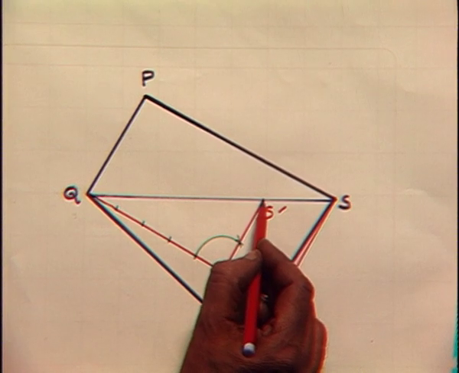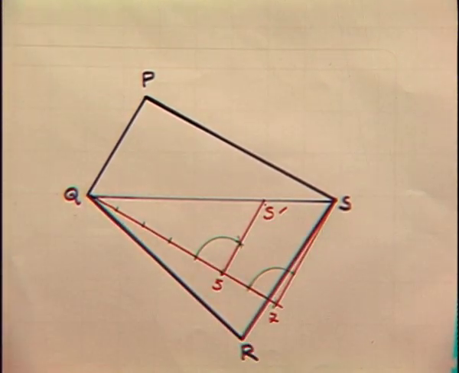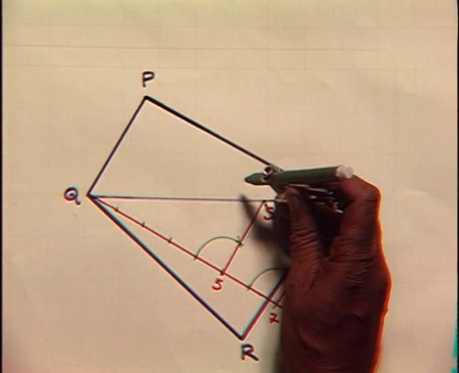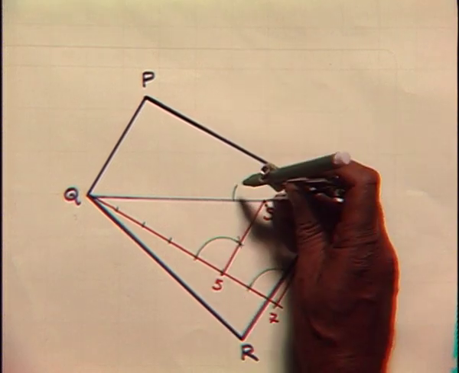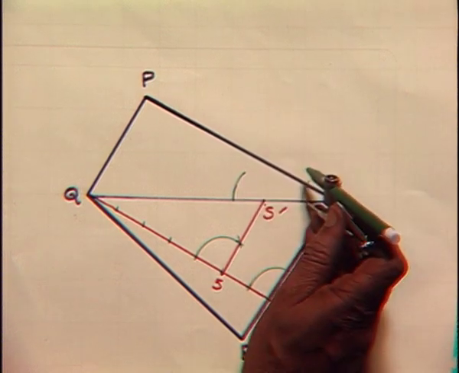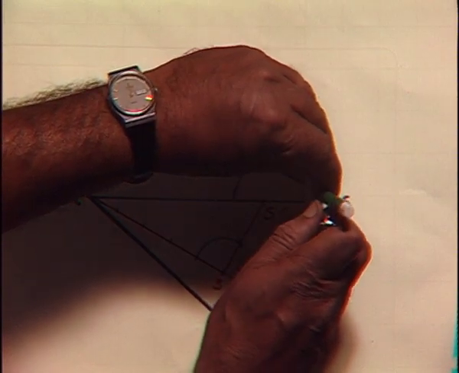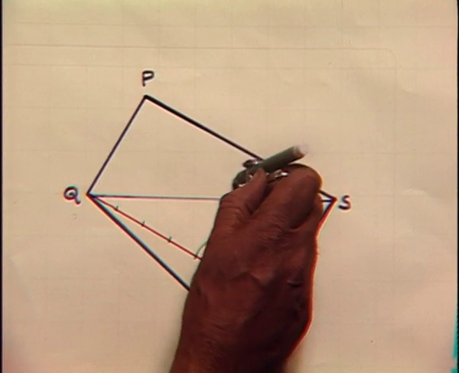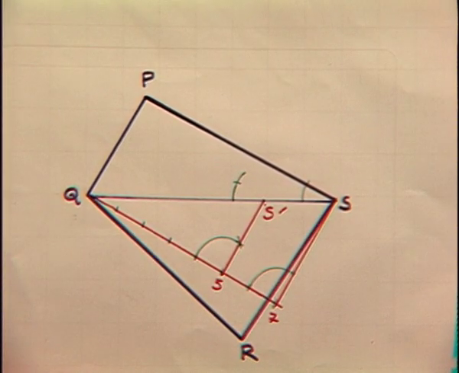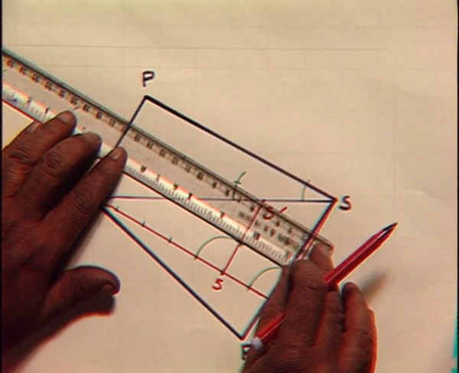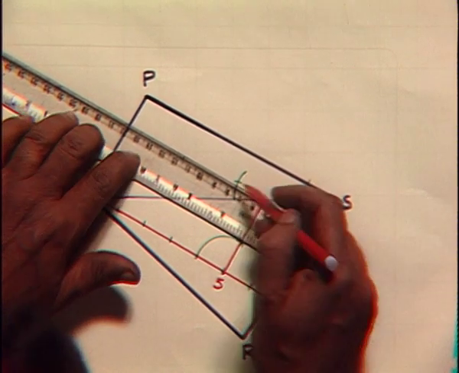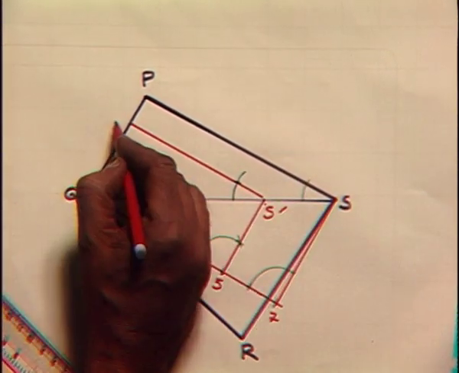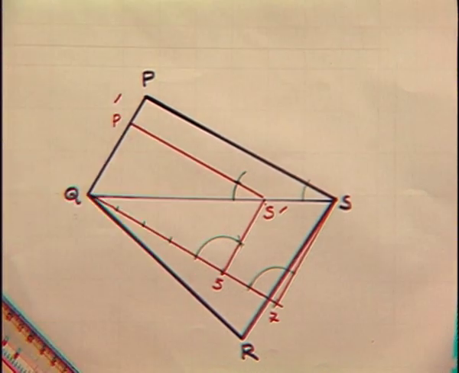From S, I will draw a line parallel to P S. Naming this point as P dash.